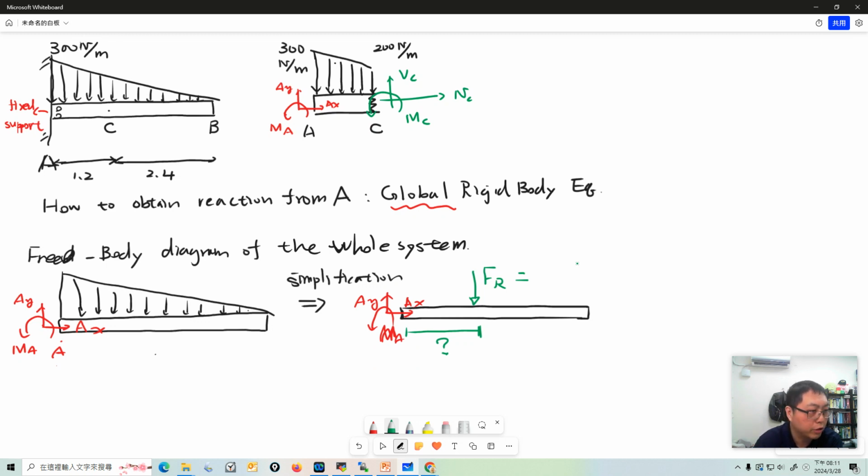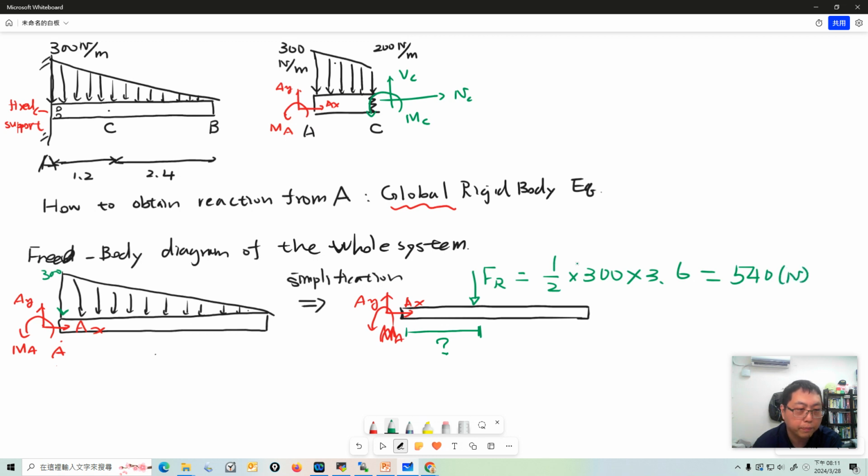Here the peak is 300, pointing down, and the total length is 3.6. The area of this right triangle is 1/2 times 300 times 3.6, so it's 540 Newton.